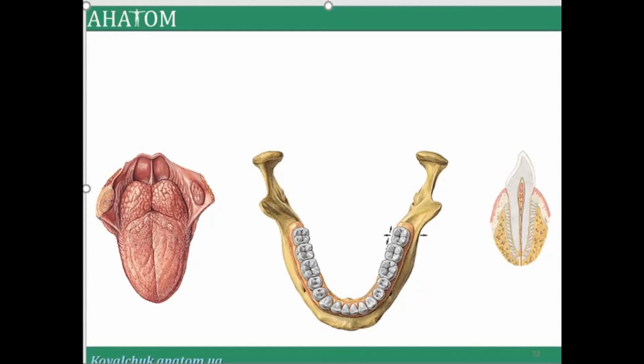It's 24 months or 2 years. Very simple for remembering. 6 months, first tooth in a newborn child. 24 months will be all 20 teeth in the oral cavity, or 2 years old.